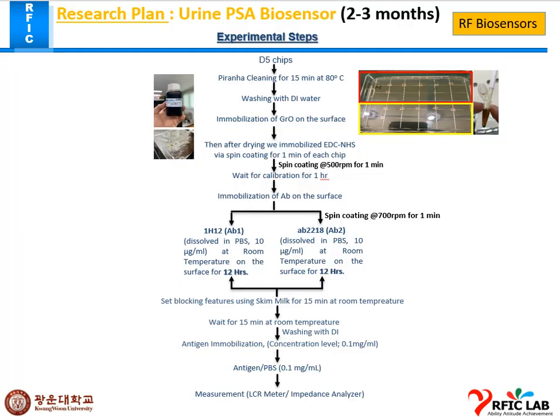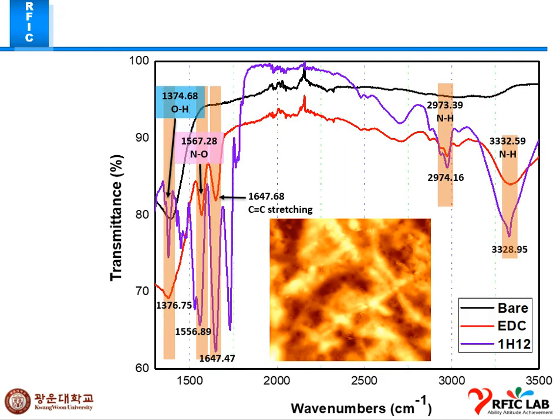So this is the research plan of the urine PSA biosensor that I already showed you before, so I just skip this slide. And this one is also the same that I already showed you. It's the FTIR result related to the different kinds of antibody.